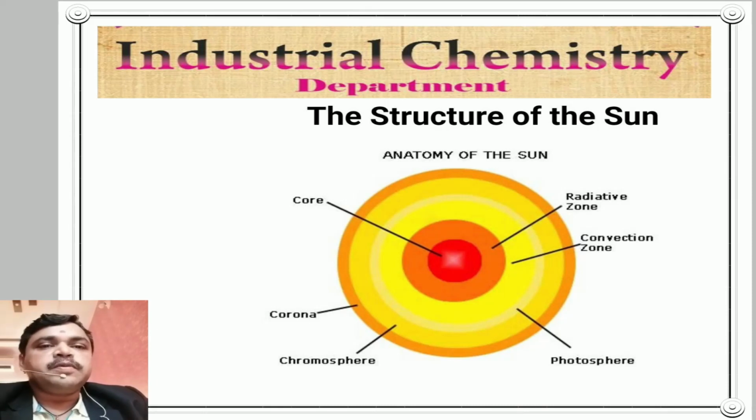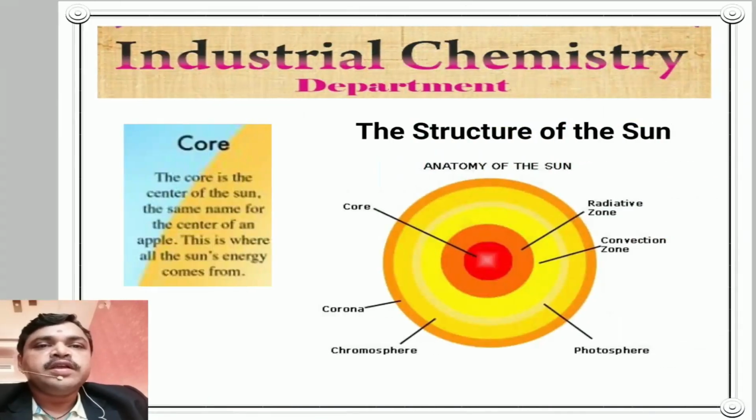So, first of all, we start from the center of the Sun, that is the core. The core is the center of the Sun, the same name as the center of an apple. This is where all the Sun's energy comes from. We see the above reaction from hydrogen to helium takes place in this core part.